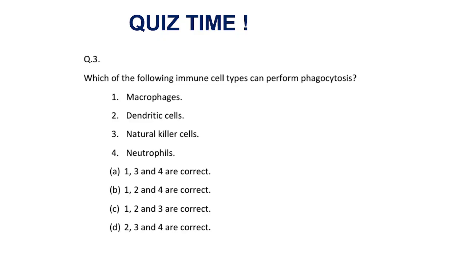Okay, I have got one answer. So the cells that can perform phagocytosis are macrophages, dendritic cells, and the neutrophils. The NK cells are non-phagocytic in nature. So it is option B, 1, 2, and 4.